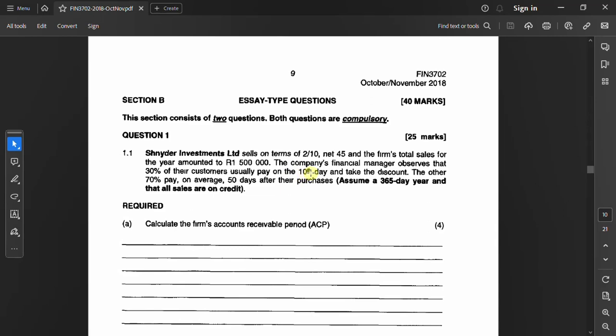So I'm not sure how to... Okay, so there might be a slightly different way of testing or questioning it. Let's see.